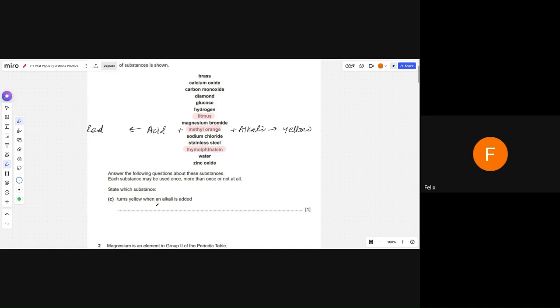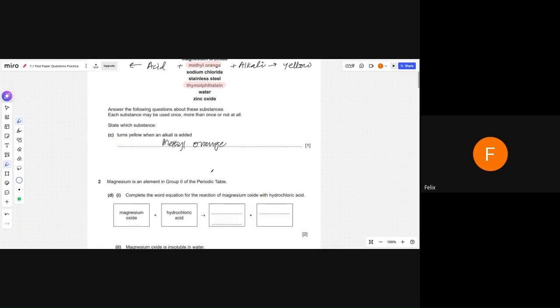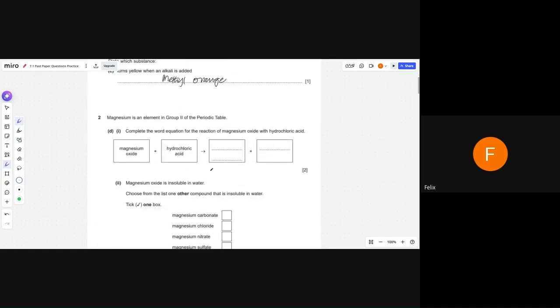So our answer is methyl orange. Litmus has 2 colors, blue or red, and thymolphthalein is either colorless or blue. That is why methyl orange is the answer. I hope this is clear. We move on to the next question.